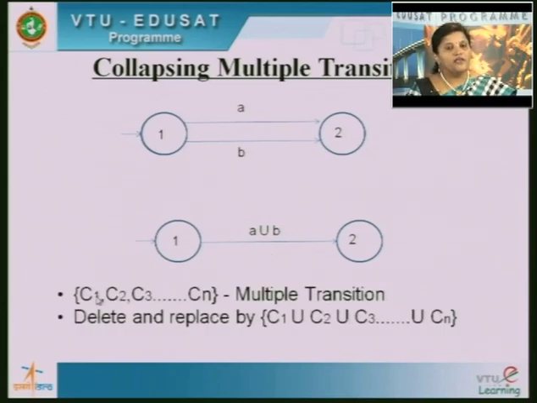So, similarly, if there are multiple transitions C1, C2, C3, up to Cn, you can delete all these transitions and replace them with the equivalent transition C1 union C2 union C3 up to Cn. Okay. So, this is collapsing the multiple transitions.